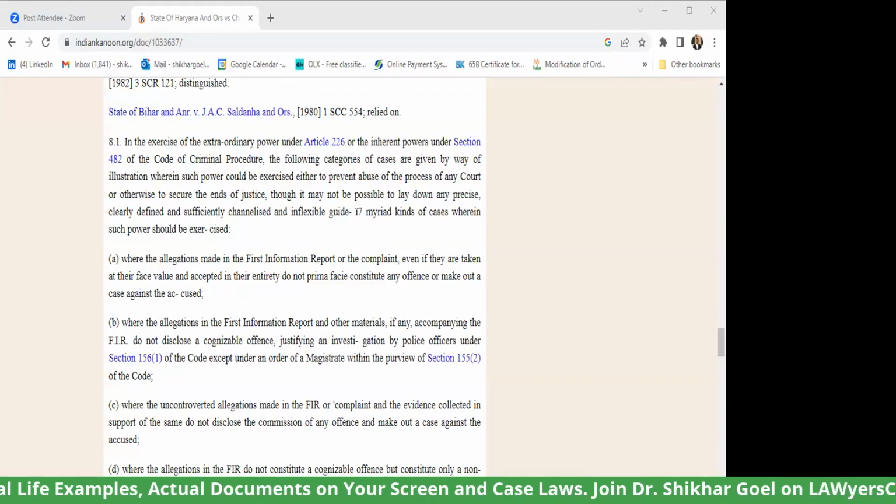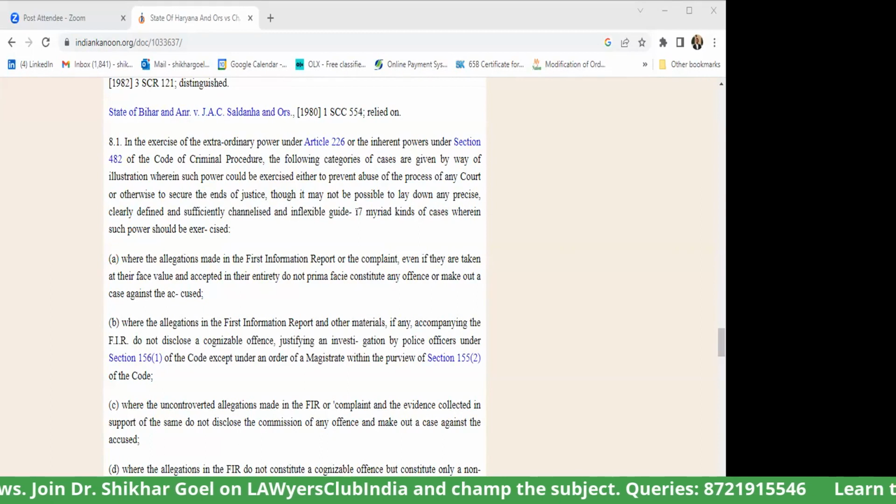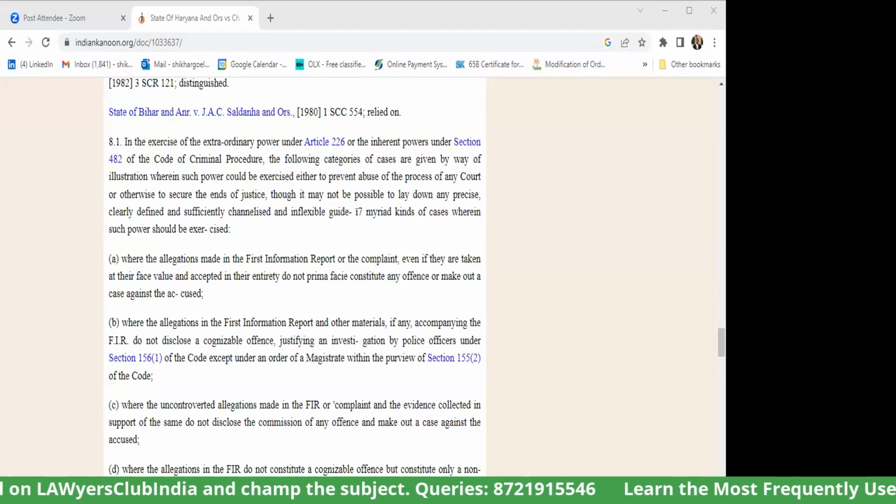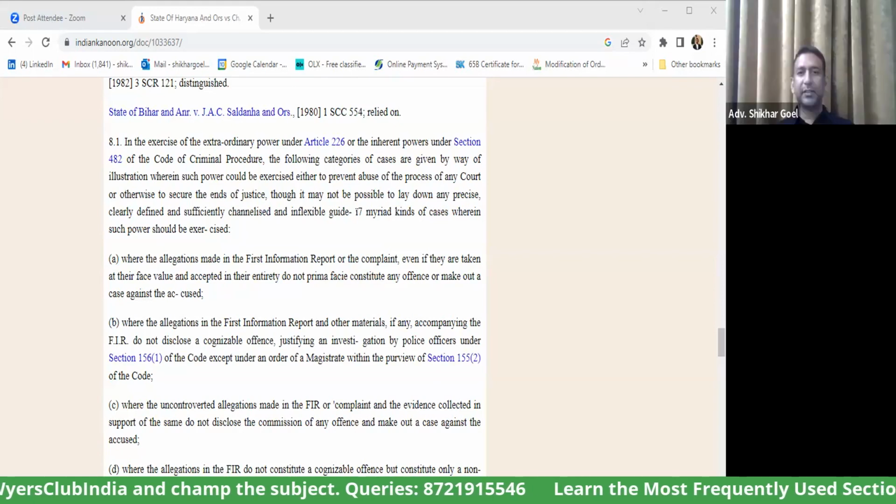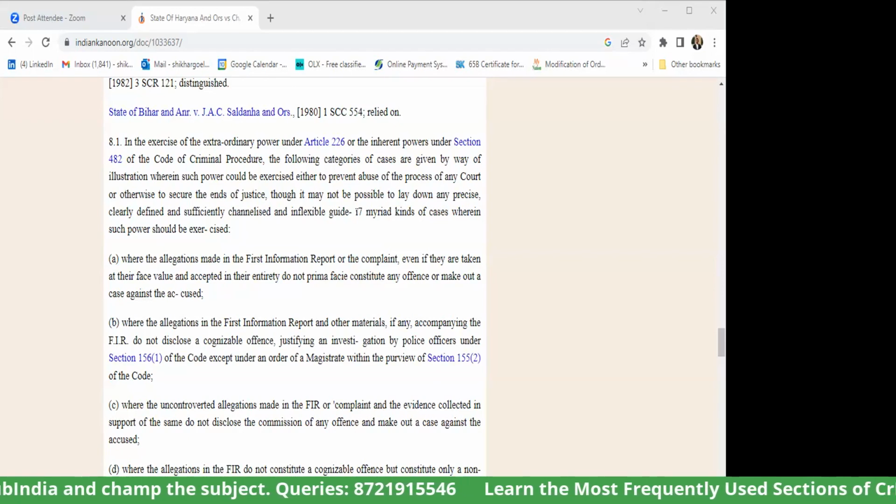In the exercise of extraordinary power under Article 226 or the inherent powers under Section 482 of the Code of Criminal Procedure, the following categories of cases are given by way of illustration wherein such power could be exercised either to prevent abuse of process of any court or otherwise to secure the ends of justice, though it may not be possible to lay down any precise, clearly defined and sufficiently channelized and inflexible guidelines. Myriad kinds of cases wherein such power should be exercised.